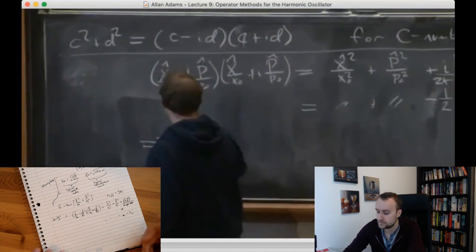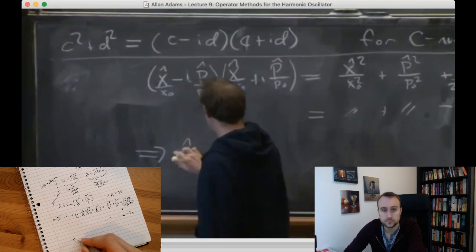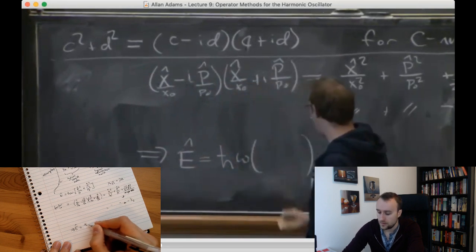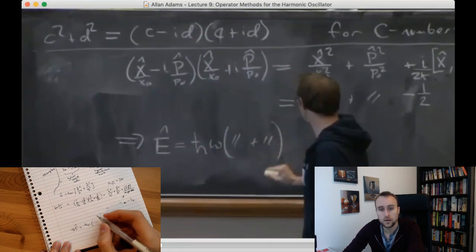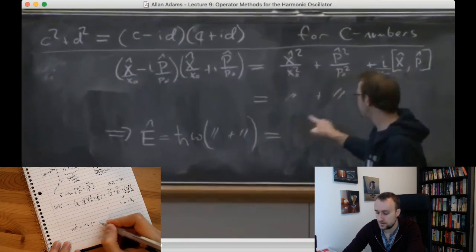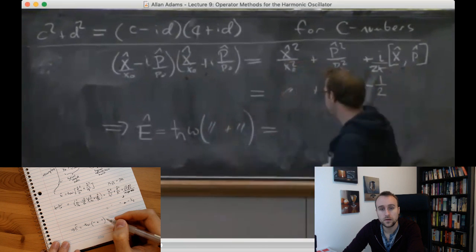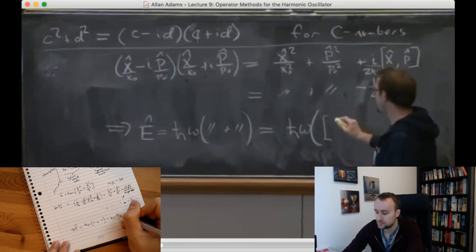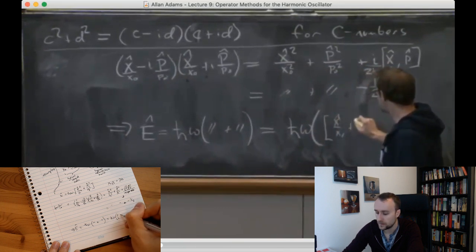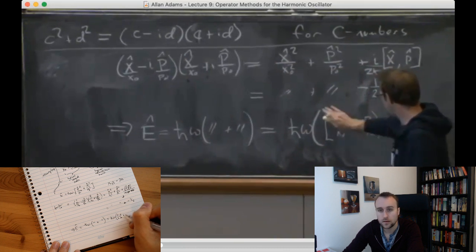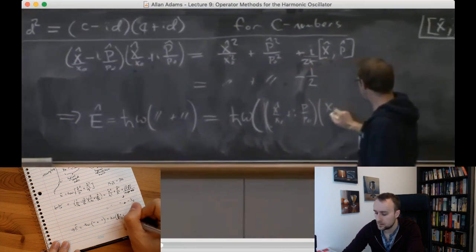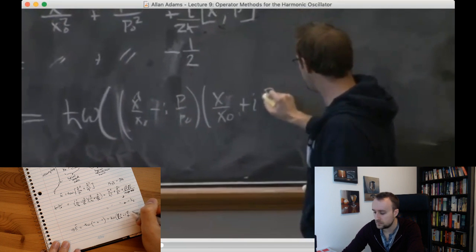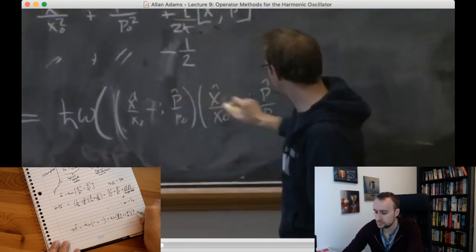So putting that all together, we can write that the energy operator, which was equal to h bar omega times the quantity we wanted, is equal to, well, the quantity we wanted is this quantity plus 1/2, so h bar omega times x over x naught minus i p over p naught, times x over x naught plus i p over p naught, plus 1/2.